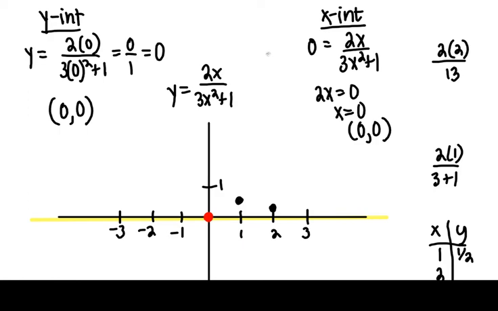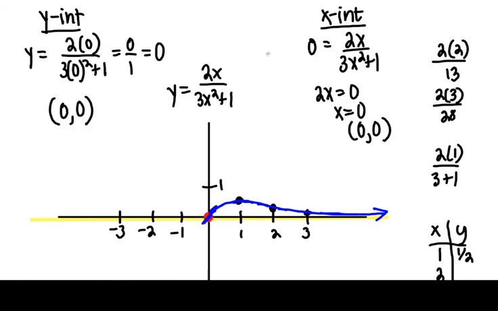And then when we put a 3 in, we'll have 2 times 3 over 28. 6 over 28, that's even smaller than our 4 over 13. So what's happening over here is we're going up, and then we're going to come back down. And the only place we're going to cross the horizontal asymptote is at that origin.